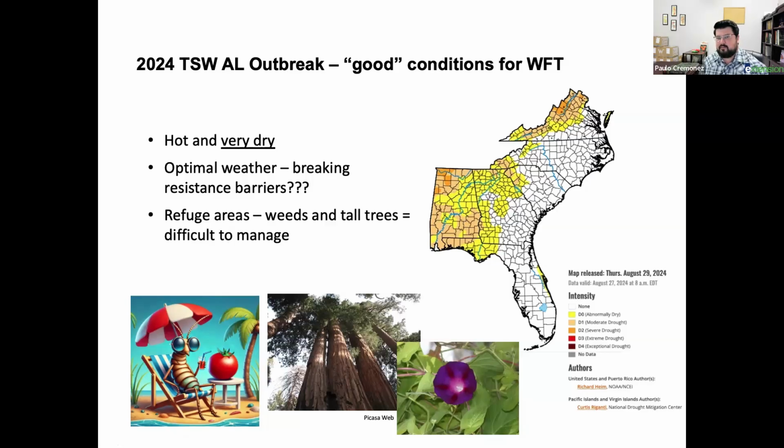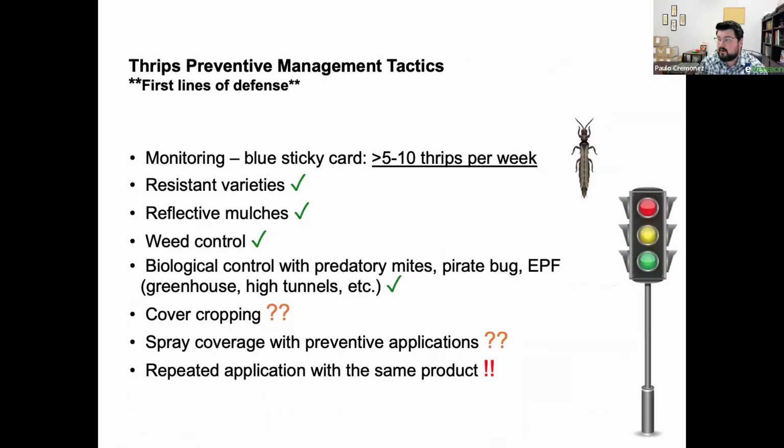That can basically push the insects to break the resistance barriers that they put, like reflective mulch and host plant resistance. Refuge areas around, like weeds and tall trees, also make it difficult to control. Weeds like morning glory can also be hosts for these pests. That's what probably happened.